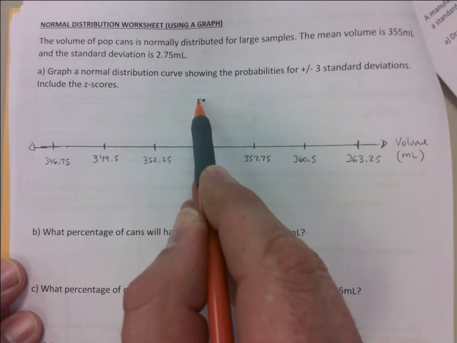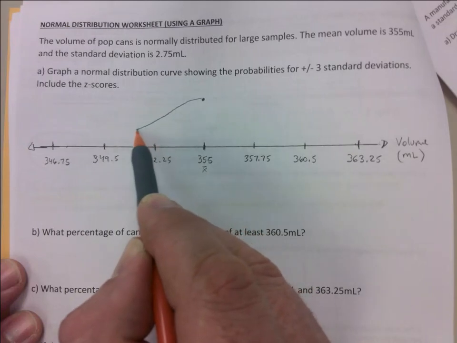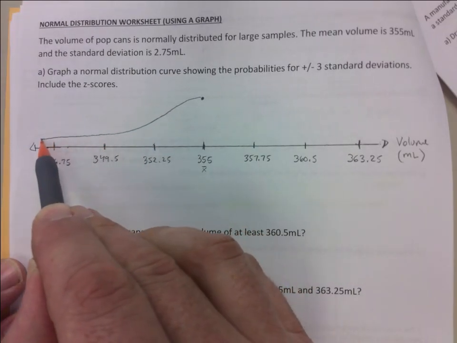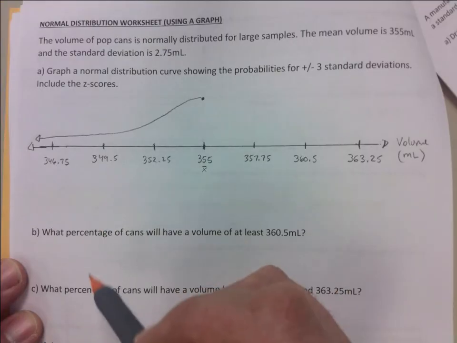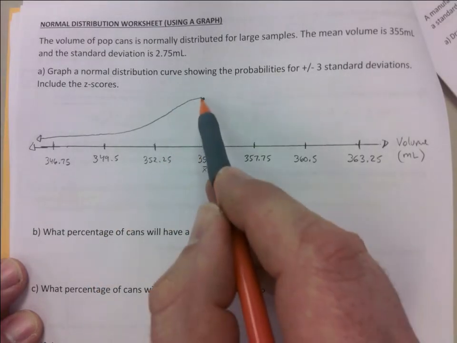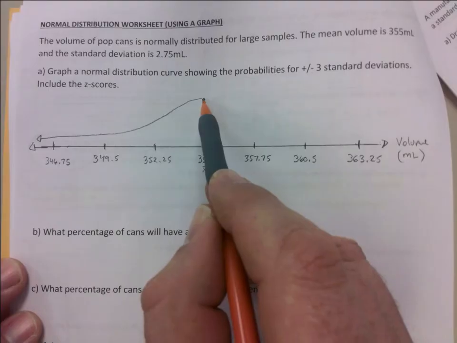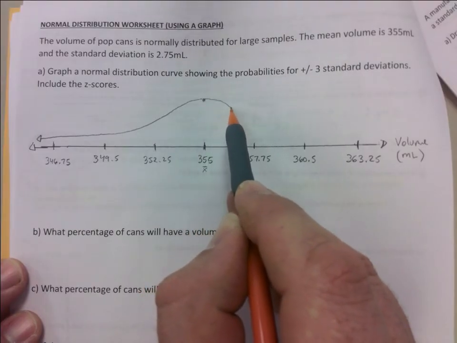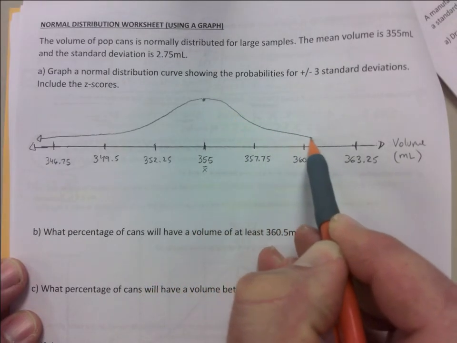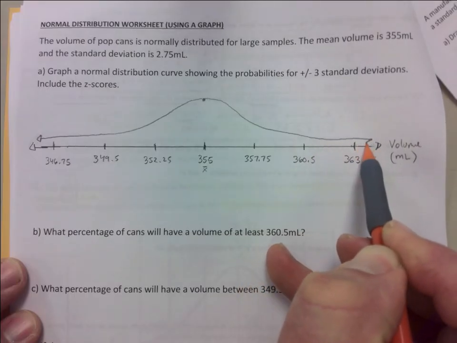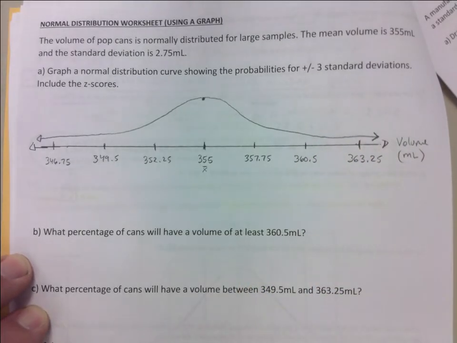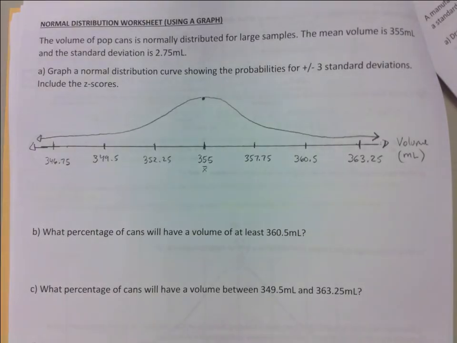So you just go like this, sideways, and then you kind of approach the x-axis, but you never touch it. Go back to the center and try to make it symmetric. I'm not going to take marks off if it's not exactly symmetric, but try to make it look symmetric. So this would be like 1 out of 2 marks.